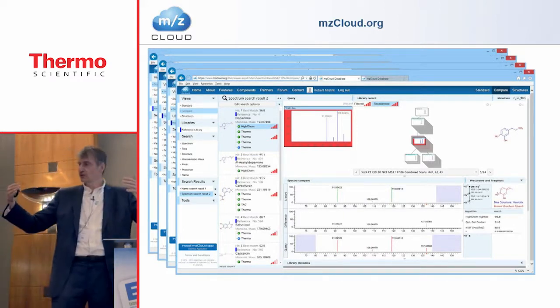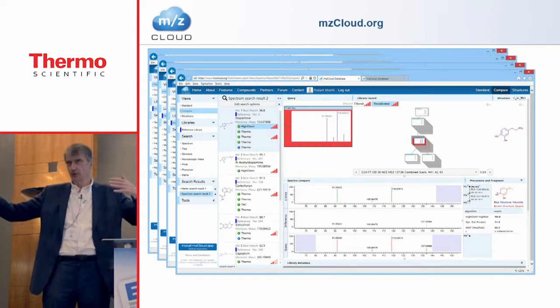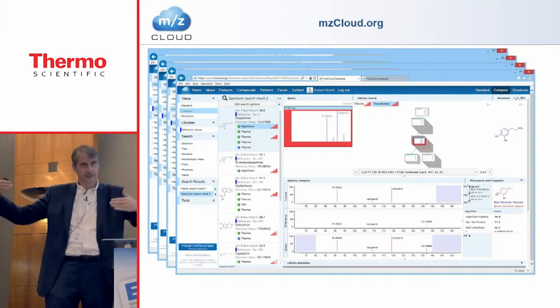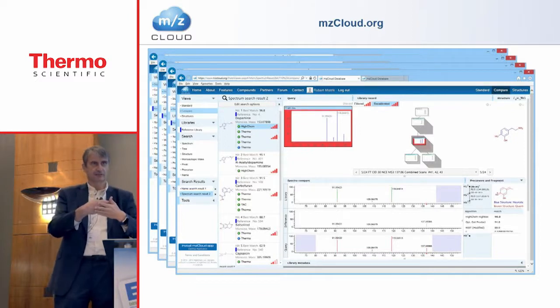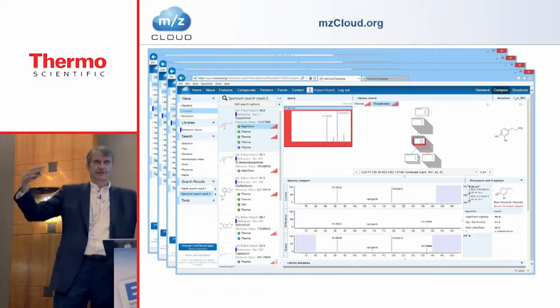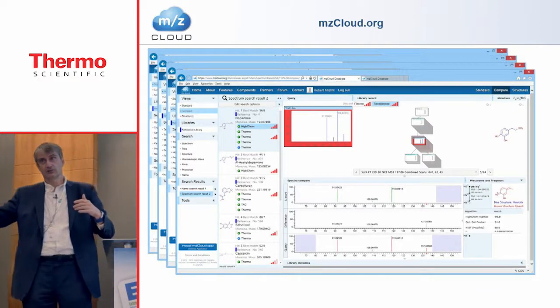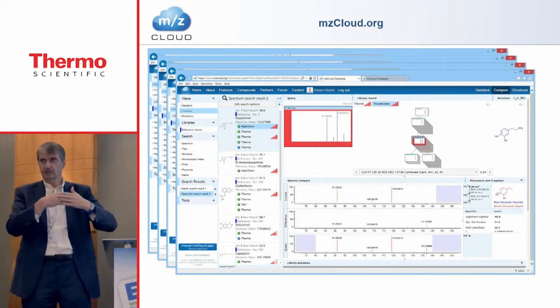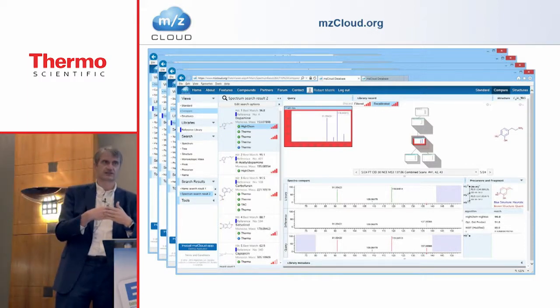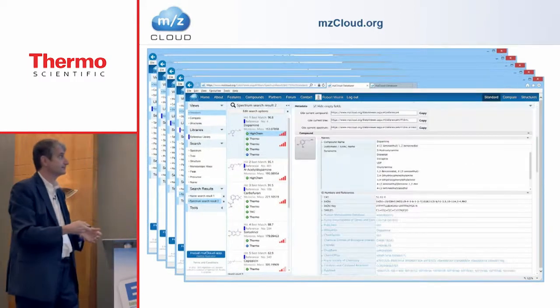The search algorithms match your unknown against all the experimental conditions and try to find the best match. So in the database, we have all the information. On the experimental side, you don't need to have all the information. We will try to pair this information and get the best match.